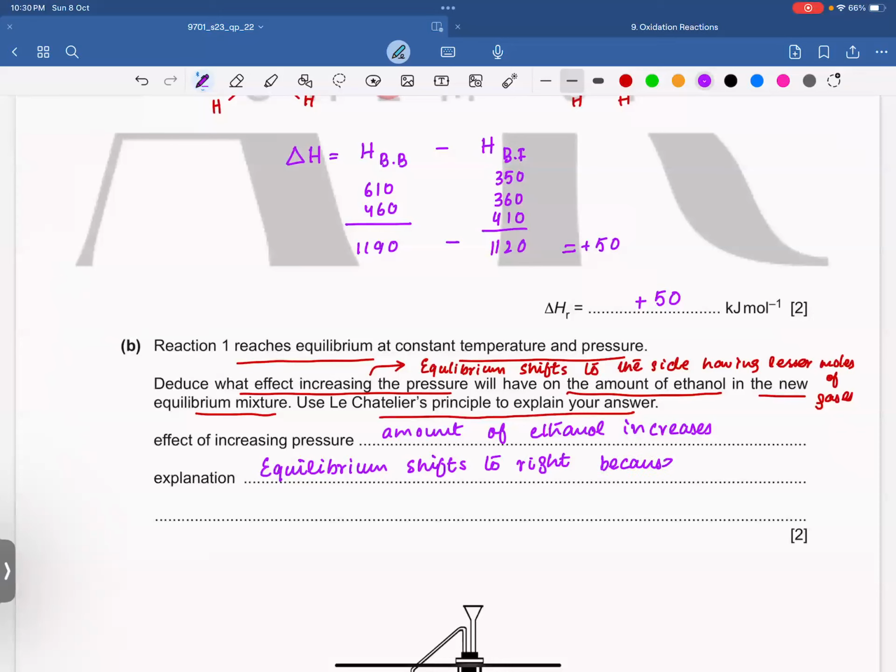Because the right side or product side have lesser gas moles and have to reduce the increased pressure.